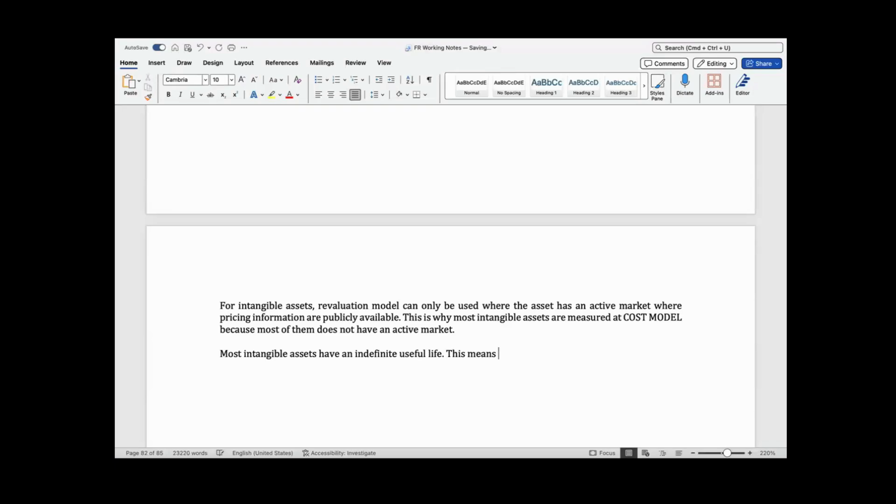This means that we cannot reasonably determine the useful life of the assets. We don't know when it will end. Not that it will not end. We know it will end one day, but we don't know when.